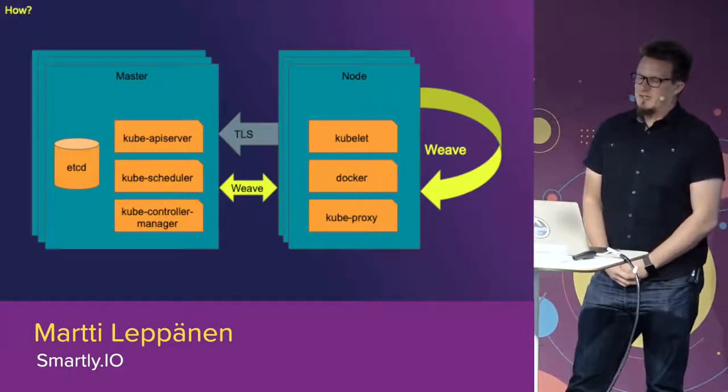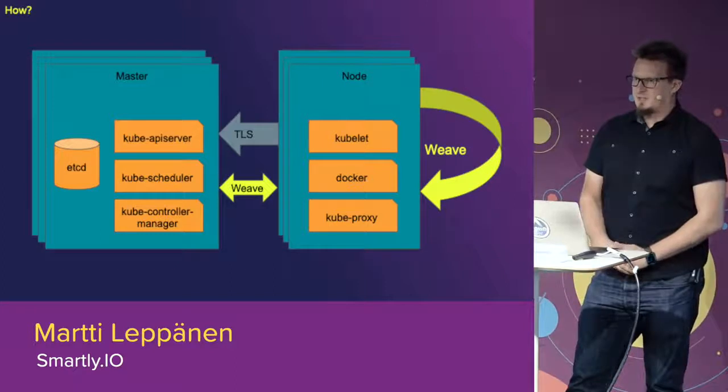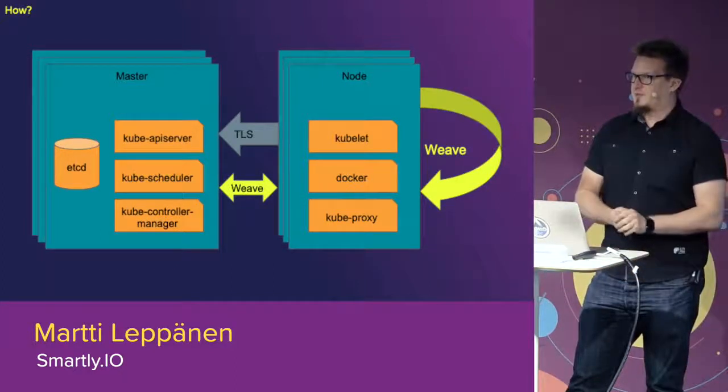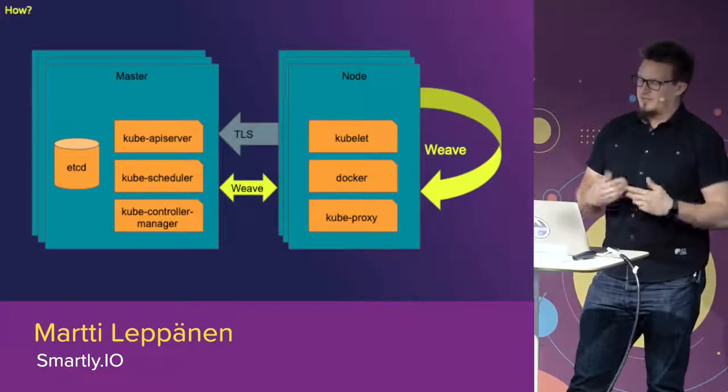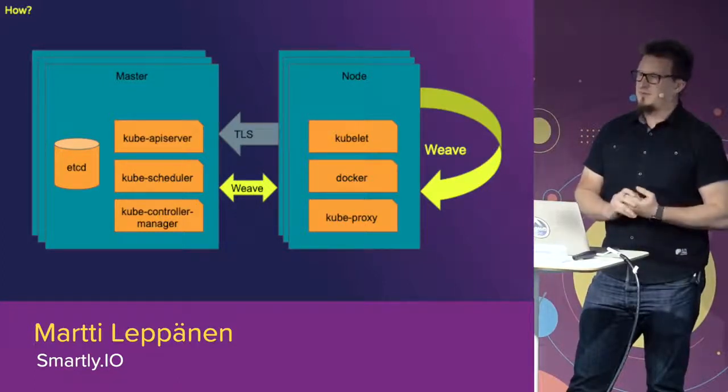So you can configure a set of encryption keys and a way of discovering nodes, and Weave will then take care of the encryption and enable communication between the Docker containers. And it's used both for communicating with the master, not the API server, and for communicating between the nodes for whatever purpose you might need.